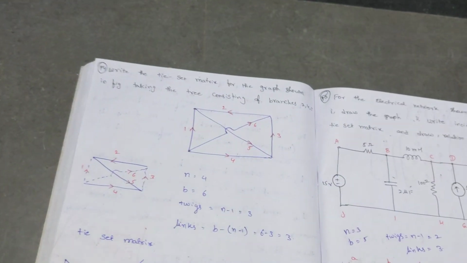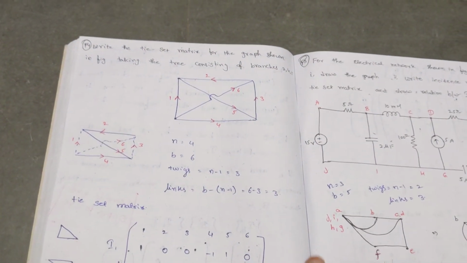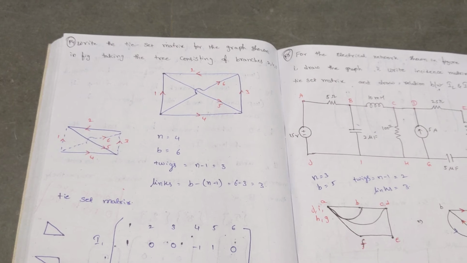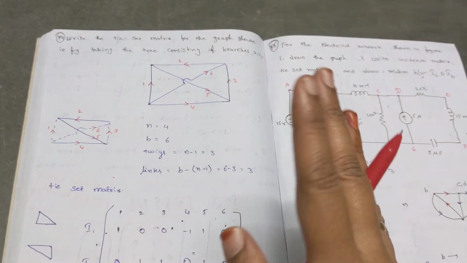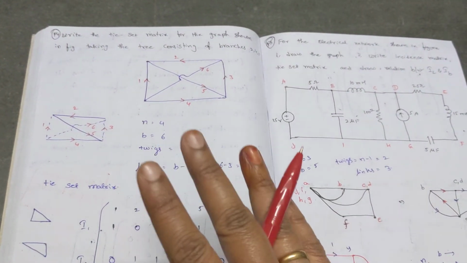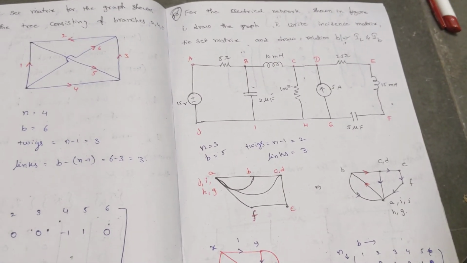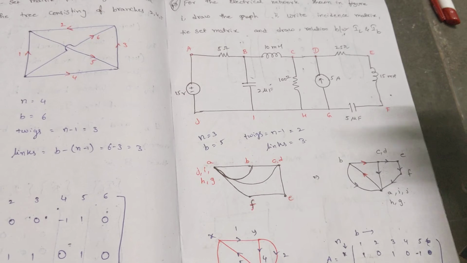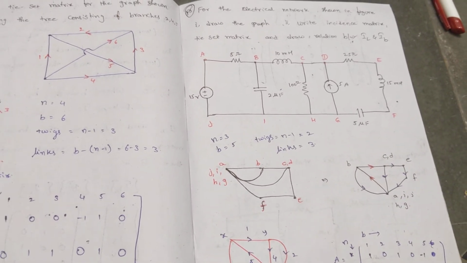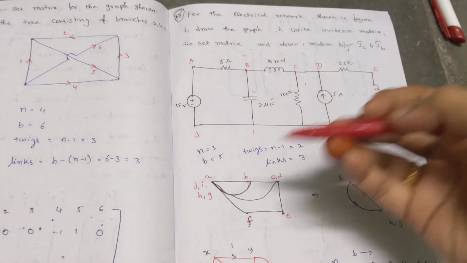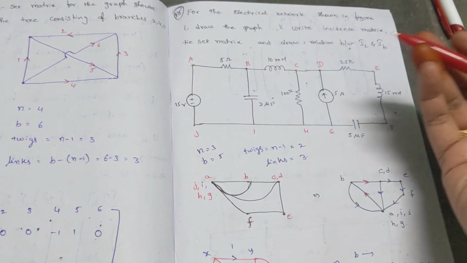For the given graph. Okay, so now I am not dealing with the same tie-set matrix for the graph. I am just going for this network. For the given network, how we are going to write the tie-set matrix. So observe here, this is the eighth element.